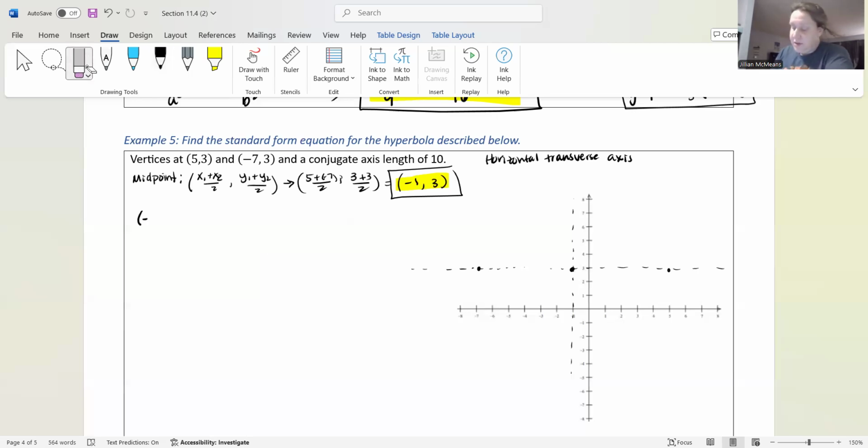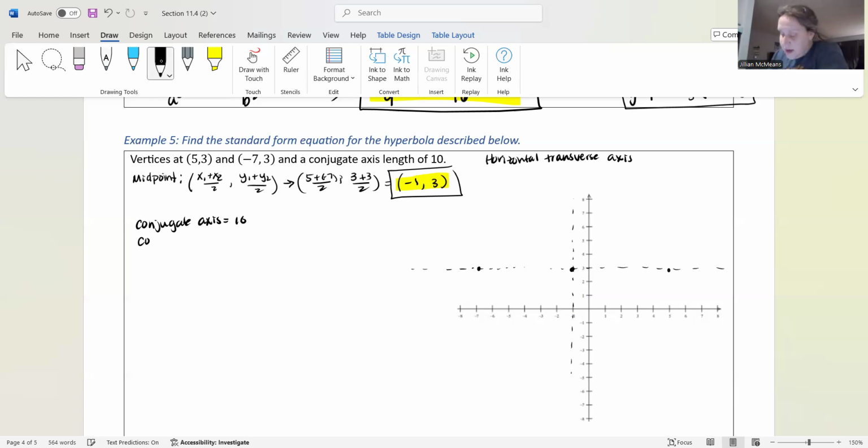Let me start this again because I was jumping ahead. We know the conjugate axis has a length of 10. We also know the conjugate axis is the distance between the co-vertices, and the co-vertices are a distance of b units from the center. If I go from the center to the first co-vertex, I'm b units away, and then I go b units in the opposite direction.